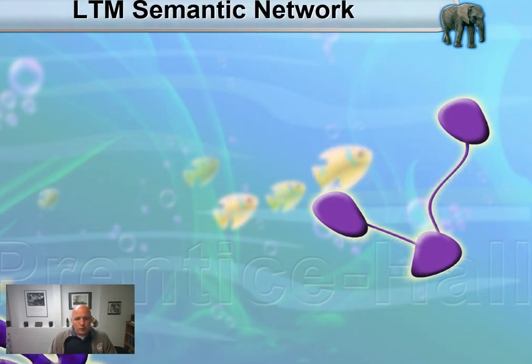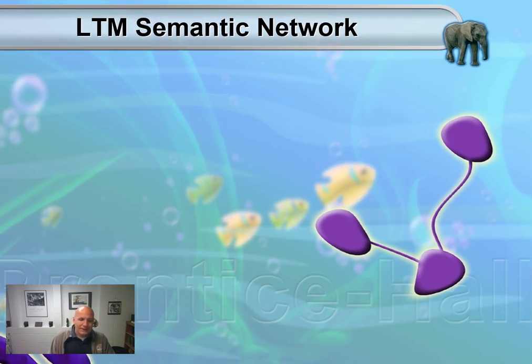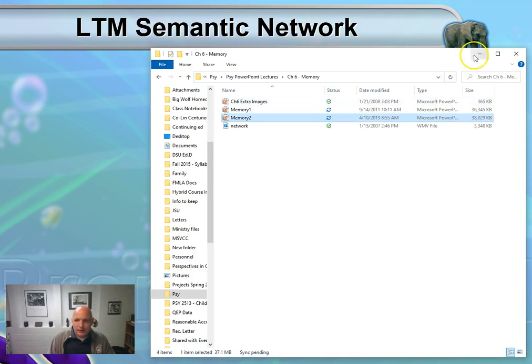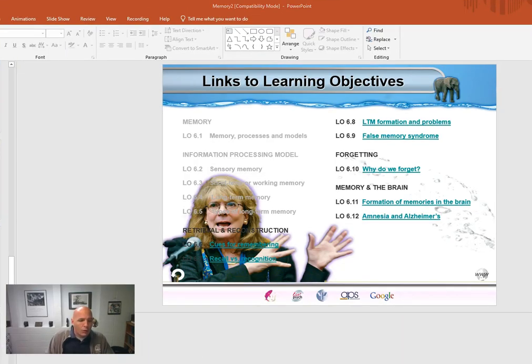So when we think about memory, oftentimes this leads us to another topic, which is forgetting. So inevitably, we do need to talk about not only how we process information, but how and why does it happen that we forget.